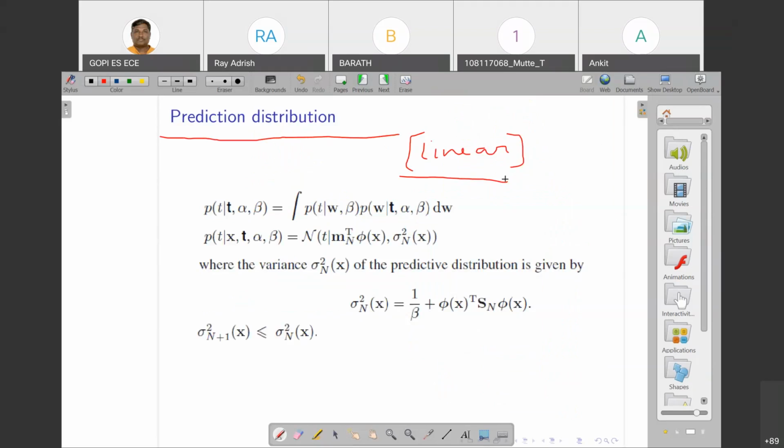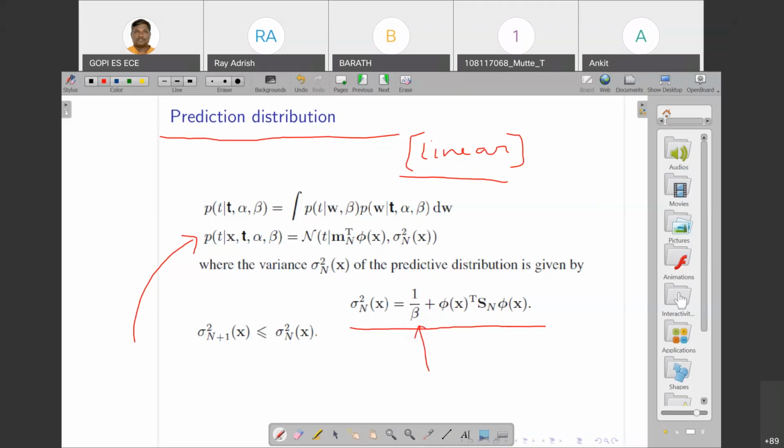Predictive distribution means for a given x, just see this expression alone. This is the predictive distribution density function, which is also going to be Gaussian. It is Gaussian distributed with variance sigma n square, what is given here, consisting of two terms.